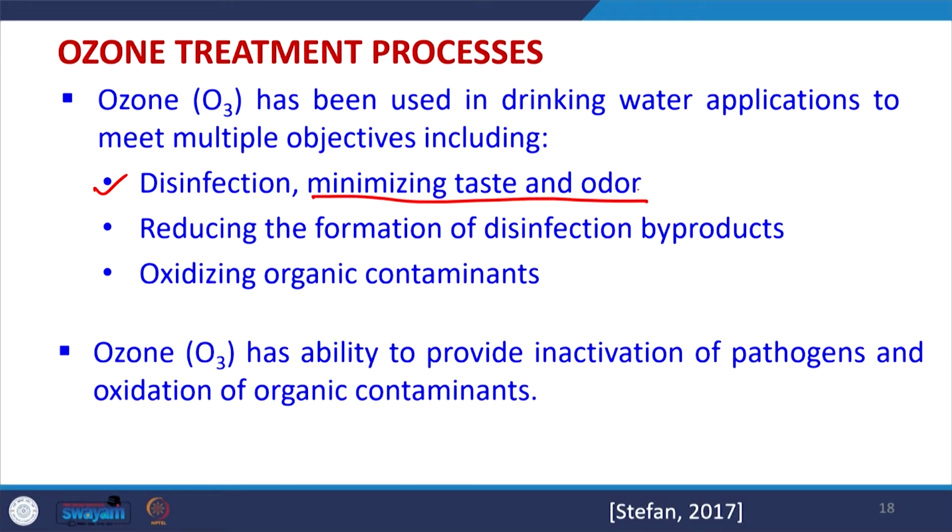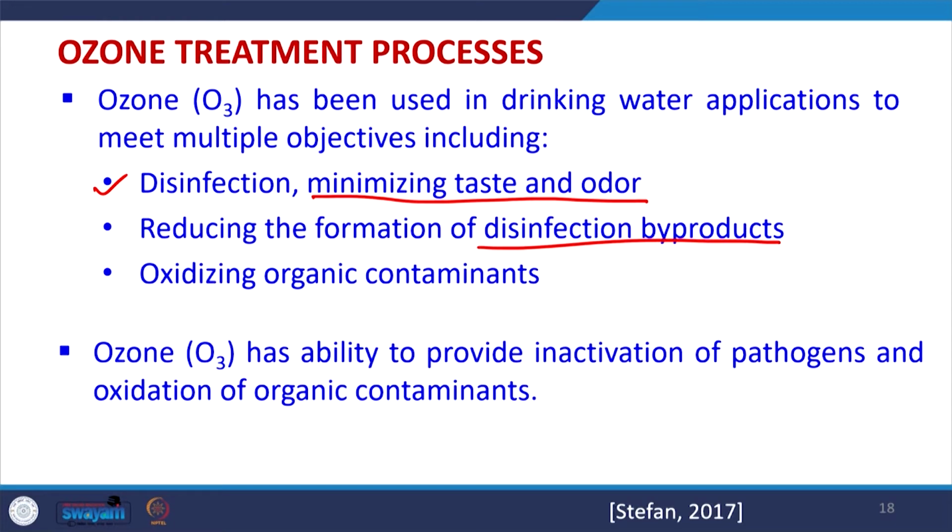If any water contains odor or pathogens, it will be able to destroy all those things present in the water. It will also reduce the formation of disinfection byproducts, and it will oxidize the organic compounds present in the water.